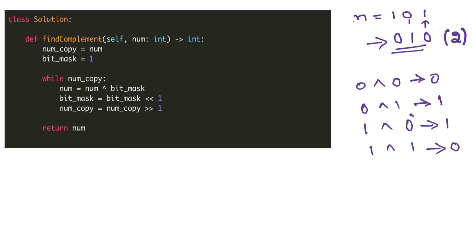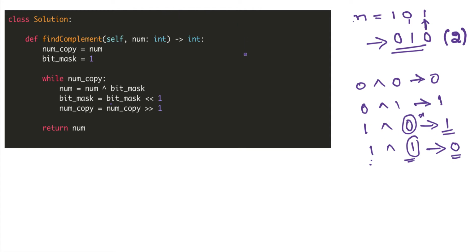So if we assume this is the X value, and we XOR this value with 1, whatever the value is, it will be flipped. If X is 1, XORing with 1 reverses it to 0. So that is the reason we use the XOR operation for flipping.